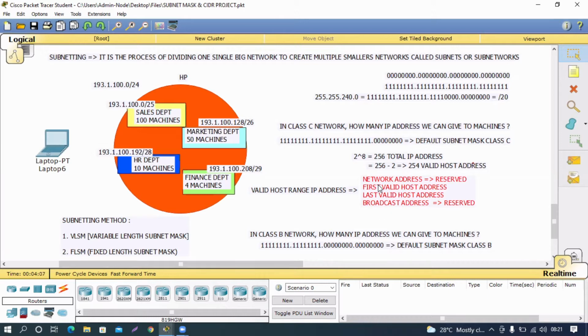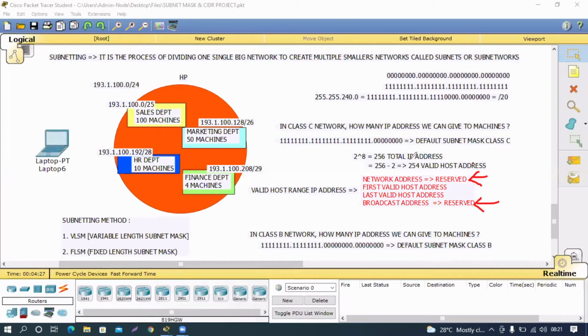These 4 addresses are available for every single network. Whenever you have a network, these 4 addresses will always be there. Now the network address and the broadcast address are reserved addresses. Why exactly are they reserved?